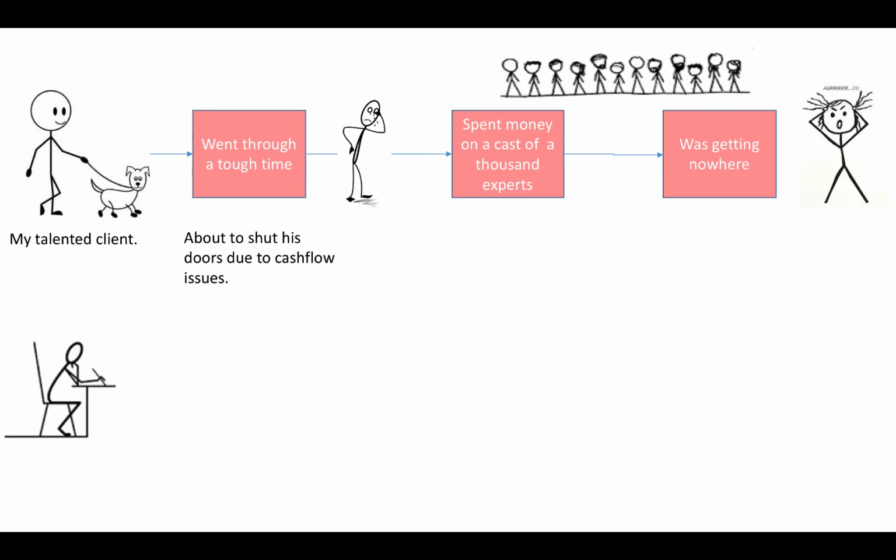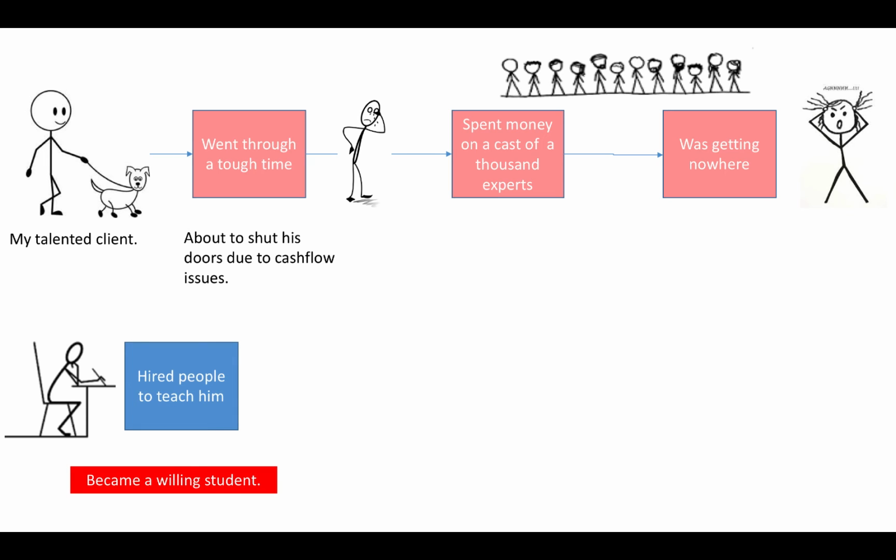So now he really went back to the drawing board. He was like, what do I need to do to learn this and get this in place, right? So he hired people to teach him. I was fortunate enough to be one of those people. He ended up hiring, I think there were 3 of us in the end, and we all worked at different stages on this campaign. But the key thing here, guys, is that he became a willing student.